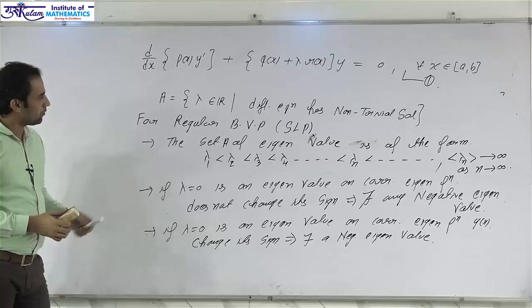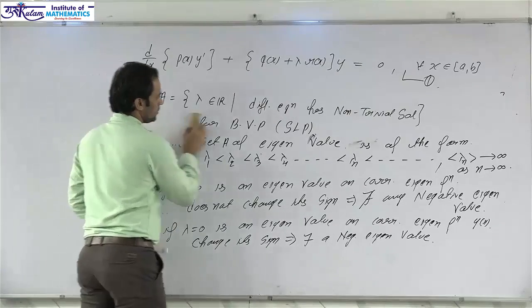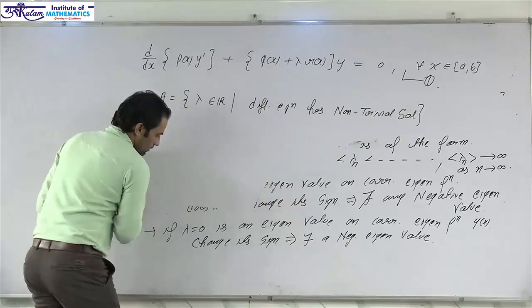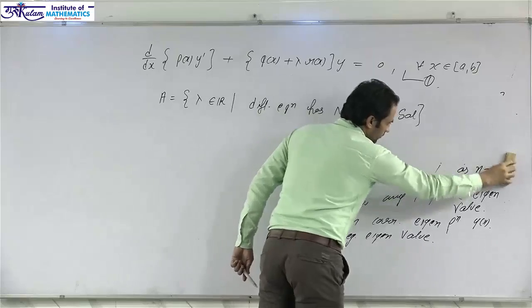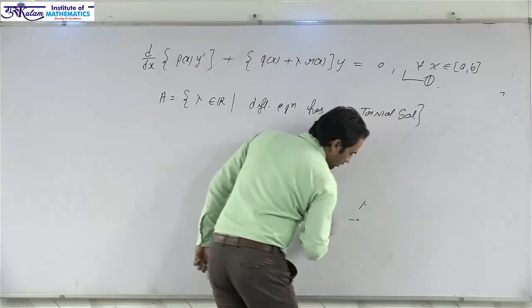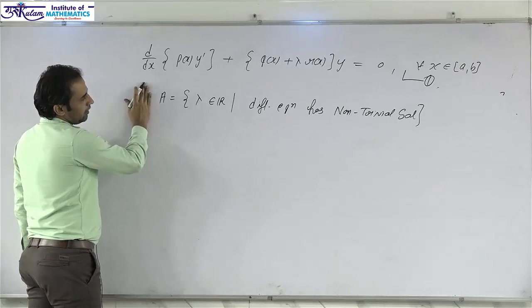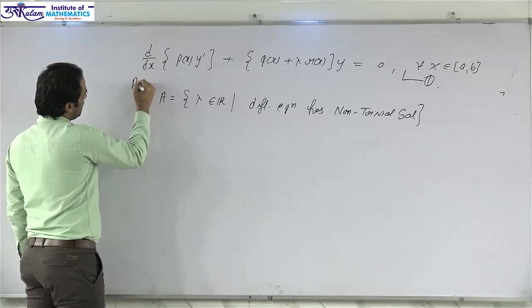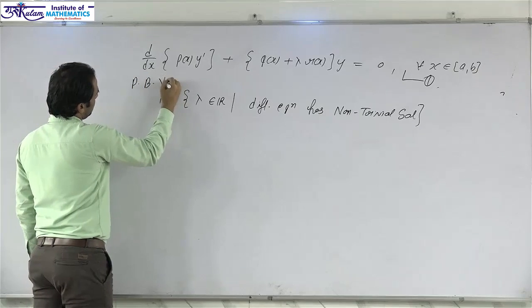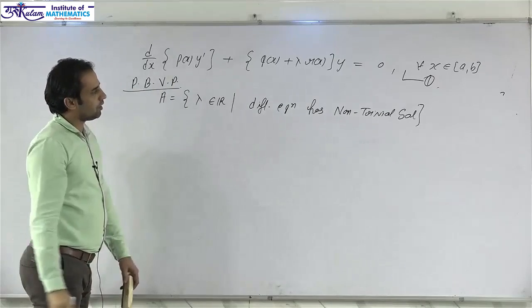So further we will go for properties of periodic boundary value problem. Some of the main properties for periodic boundary value problem: again, assume that A is the set of all eigenvalues and the given problem is a periodic boundary value problem.